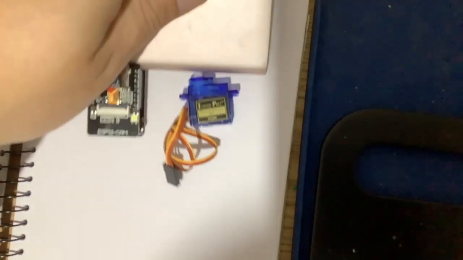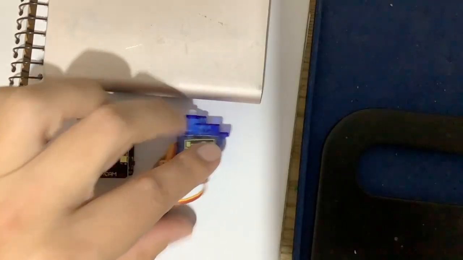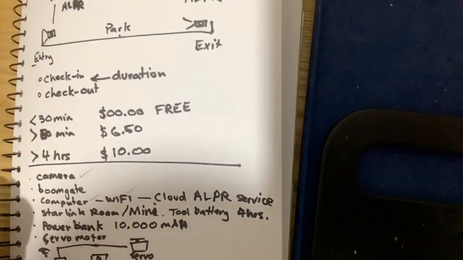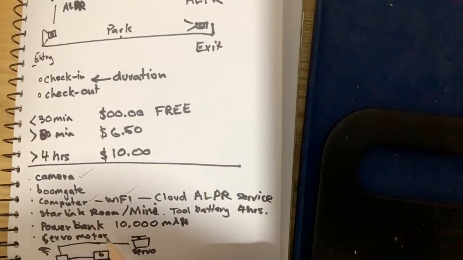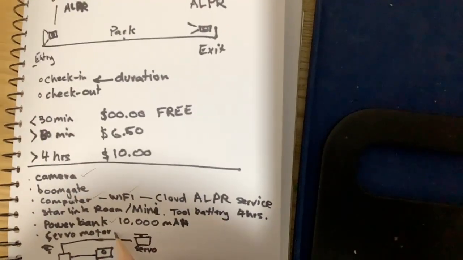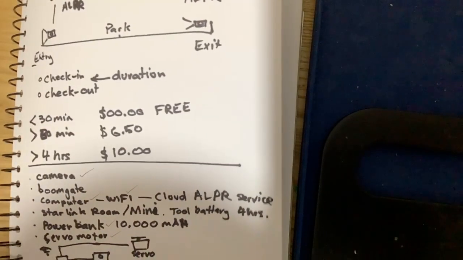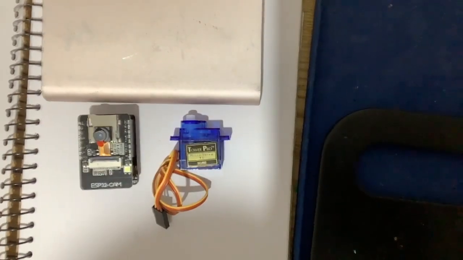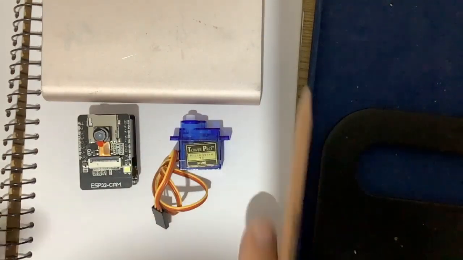The problem with a lot of these power banks is they don't draw a lot of power. They just automatically shut off because they think nothing's connected. And I think that one is one of those, but let's just assume that we have a power bank. We have a servo motor. Starlink is in my car.